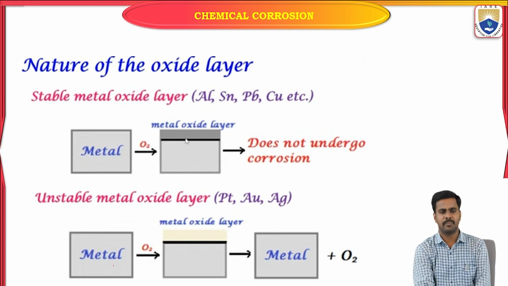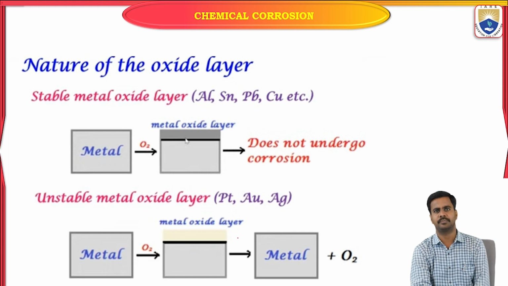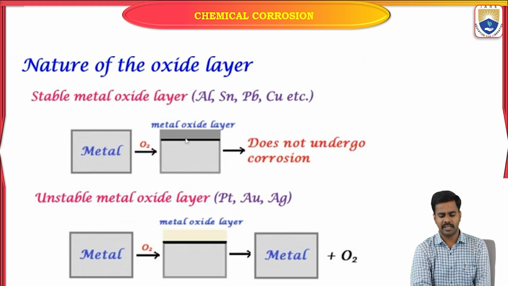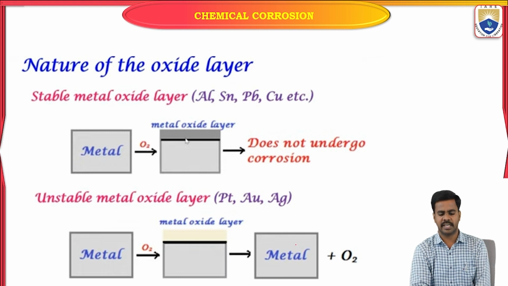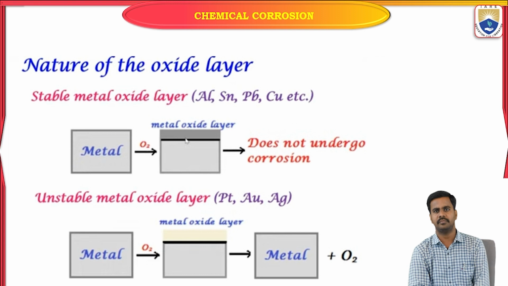Here, when metal reacts with oxygen present in the environment and forms a metal oxide layer on the surface of the metal, that layer is very unstable, so it immediately decomposes into metal and oxygen. So the rate and extent of corrosion is in this case very low compared with the stable metal oxide layer. Why?